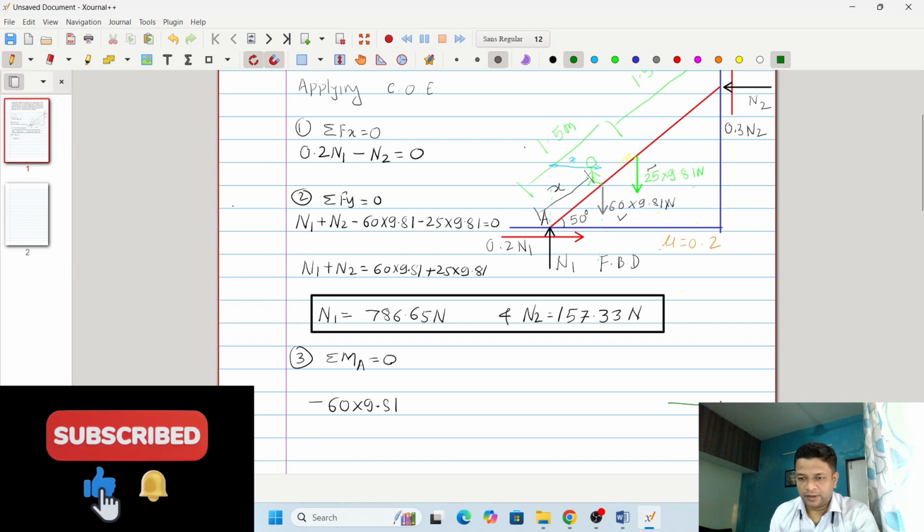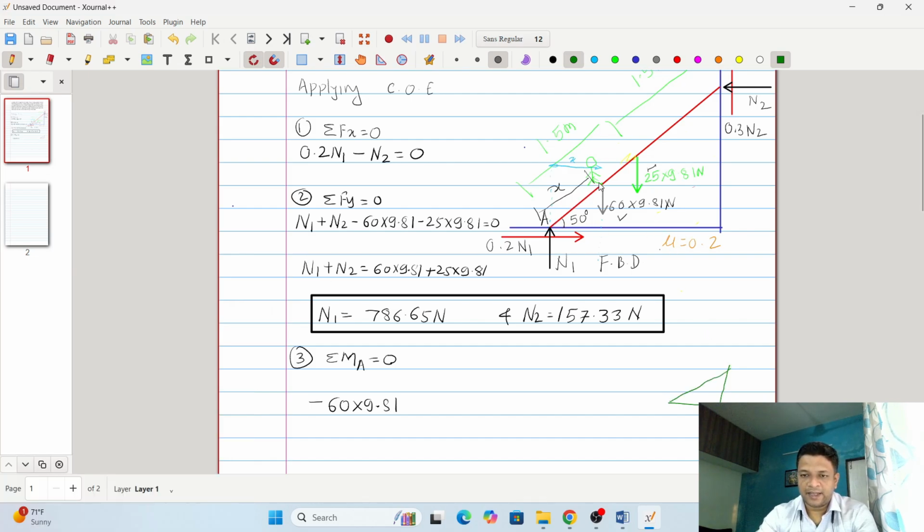The hypotenuse of this triangle is equal to x, this angle is 50 degrees, and we require this distance. To calculate this distance, we can use the cos relation. So cos 50 is equal to, considering this side as small a, a divided by the hypotenuse x. So a is equal to x into cos 50. So the distance is x into cos 50.